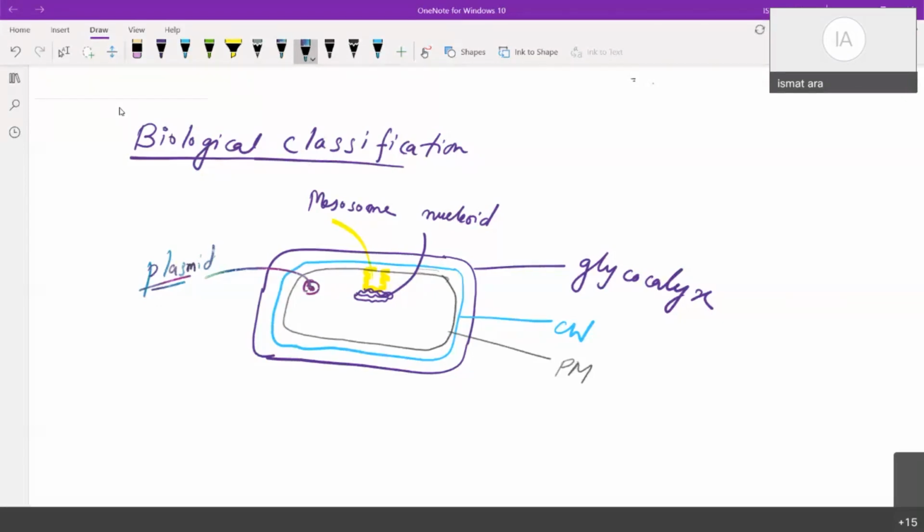I will discuss each and every structure in detail, students. Here, I am just focusing on the diagram. So, extra chromosomal material, that is plasmid. Some storage materials are also present. They are called inclusion bodies.